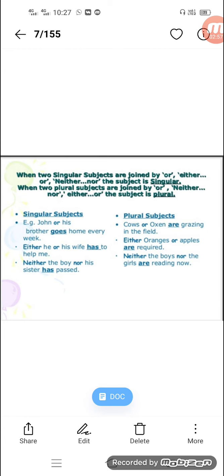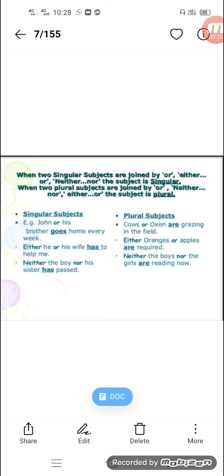Okay. Here is an example of singular subjects: John or his brother goes home every week. Here we have to indicate only one, either John or his brother. Only one subject indicates singularity, that is why we have to use a singular helping verb.